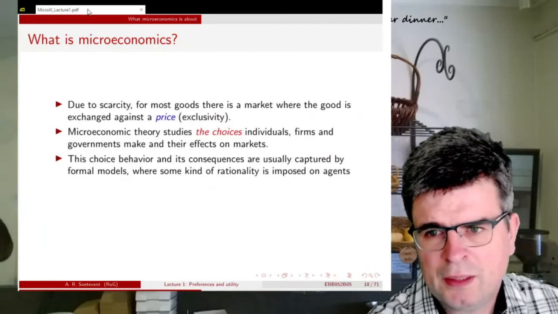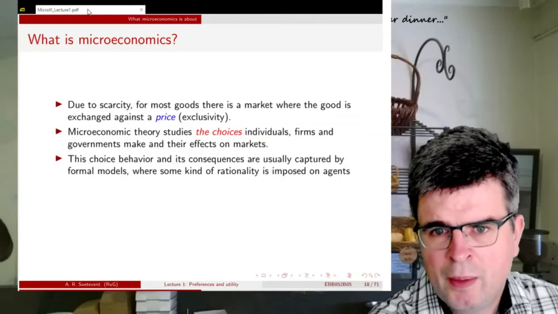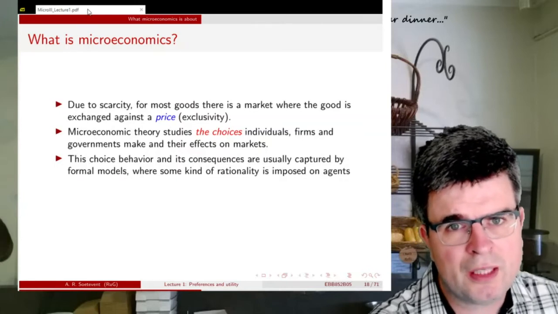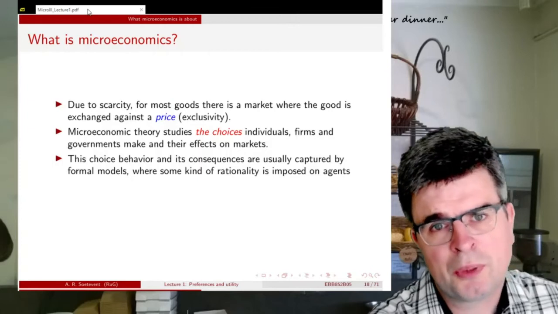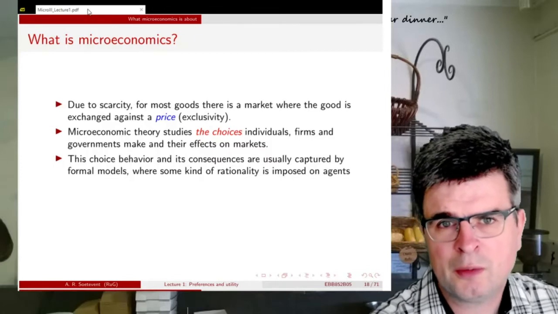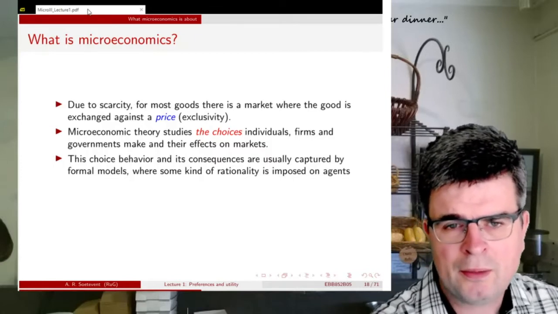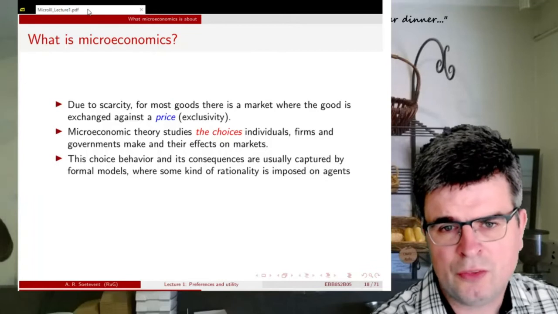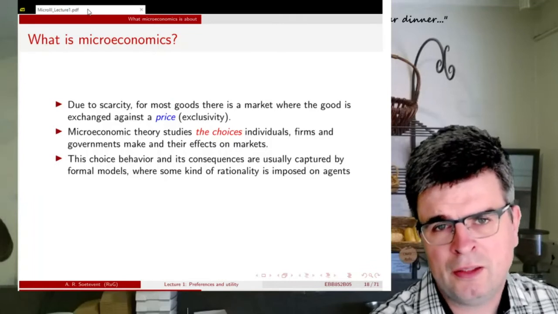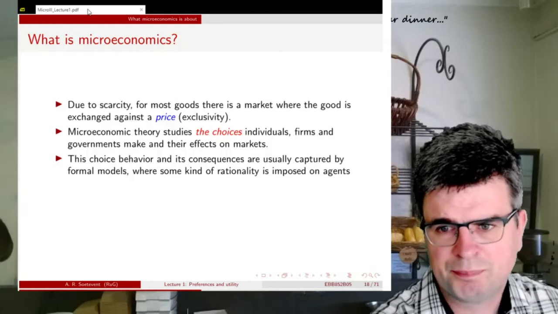Now, this is not new to you, but for most goods there is a market where the good is exchanged against a price. So if you buy the good, you get the exclusivity of using that product. And we study the choices that individuals, firms, but also the government make, and what impact these decisions have on markets.